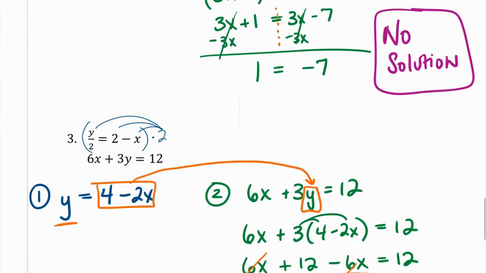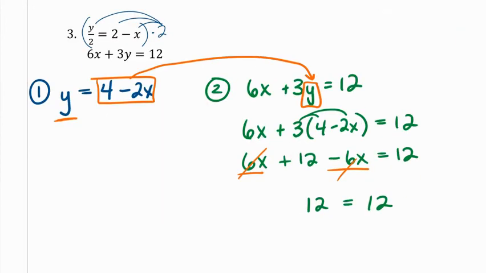On this one, we lost our variable, but this is a true statement: 12 equals 12. So this means that these two lines, if I put this in y-intercept form, are exactly the same line. They're going to be on top of each other, so they intersect everywhere. So this one has infinite solutions.